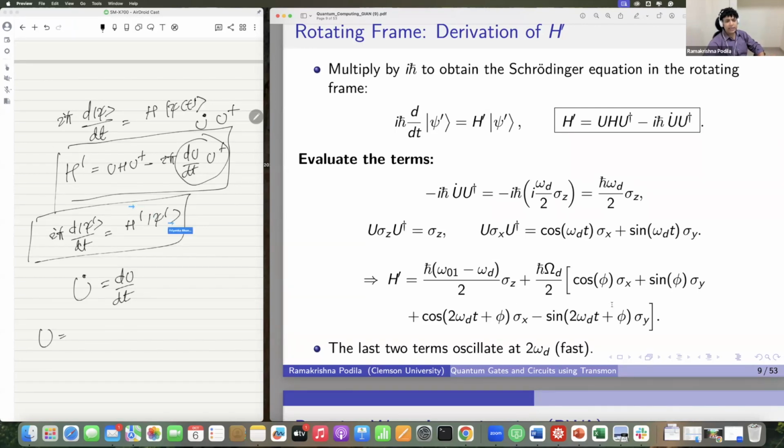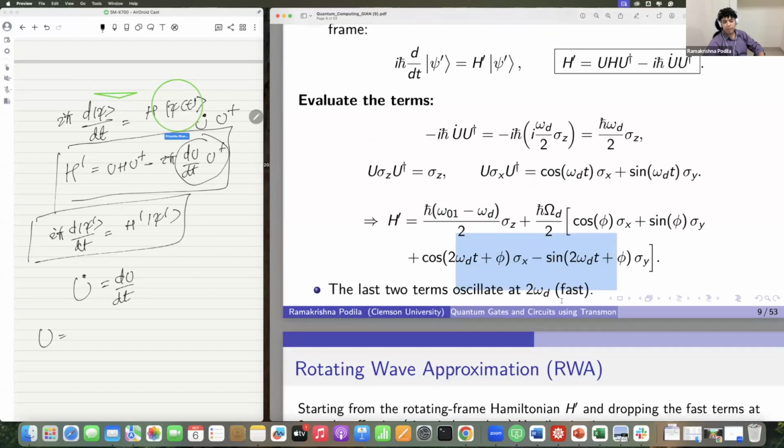But what we are going to say is that we will ignore these last two terms that are oscillating too fast, at 2 omega d, because we want to tune this omega d. This is the frequency of the microwave that we are driving it with. And omega 01 is the difference between the zeroth and first level. So we want to make sure that this omega d is similar to omega 01. So we can ignore these higher harmonic terms at 2 omega d.